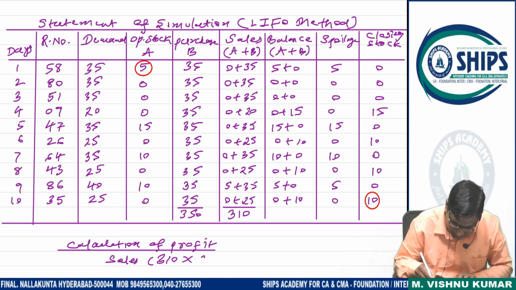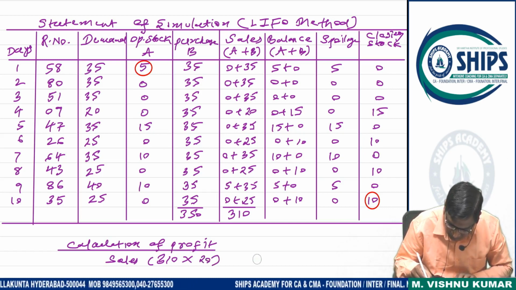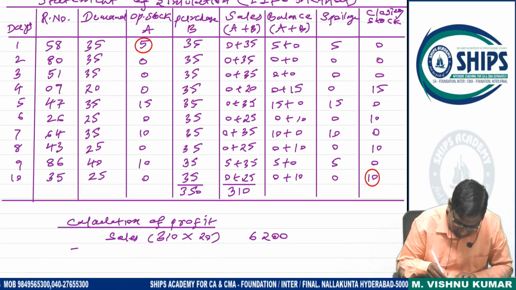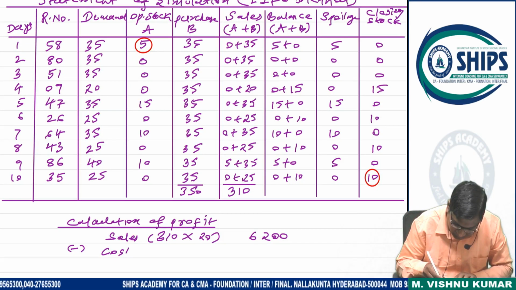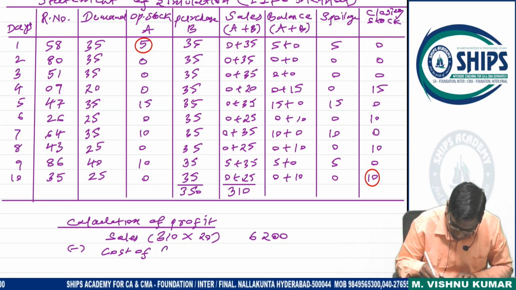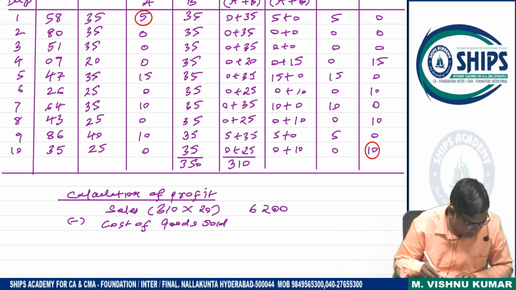How much? 6200 minus cost of goods sold.